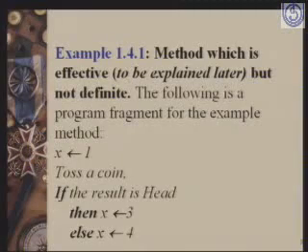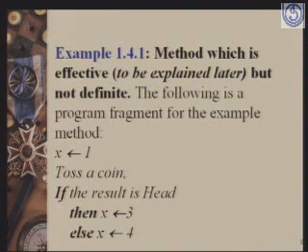I'll make it further more explicit through an example. Please look at the slide. I am giving an example in which the method is not definite, and hence it is not entitled to be called an algorithm.